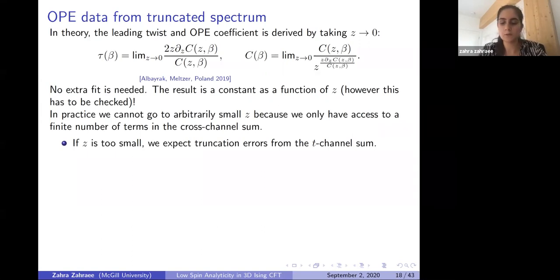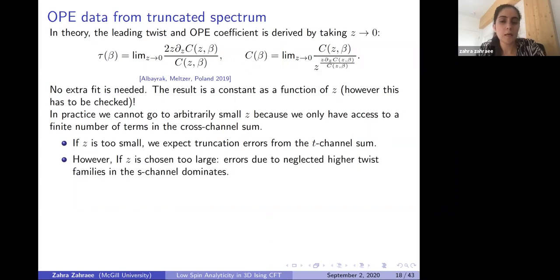I will show a plot for this explicitly. However, on the other hand, if you choose z to be too large, errors due to the neglected higher twist families in the S channel would dominate. So remember, we had these tau m that we said are suppressed. But if your z is too large, your result would get contaminated by those.